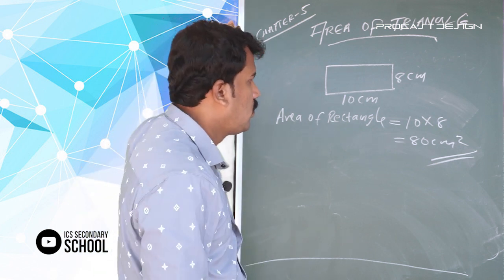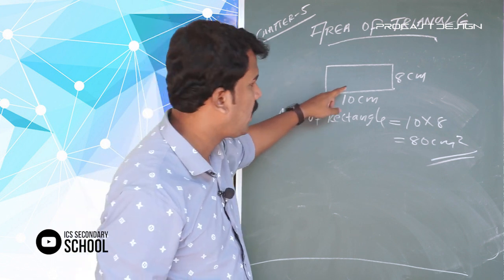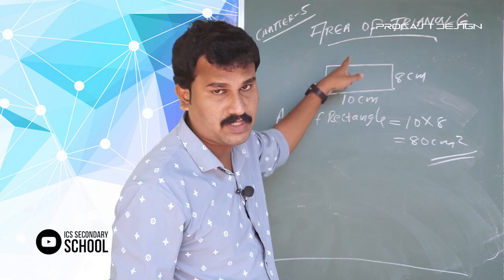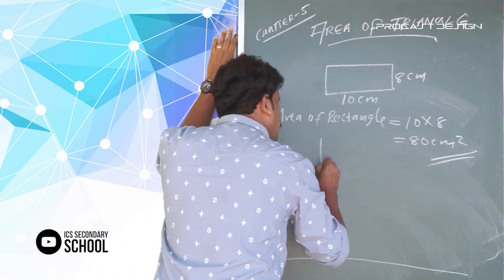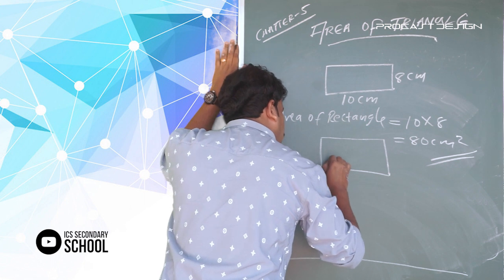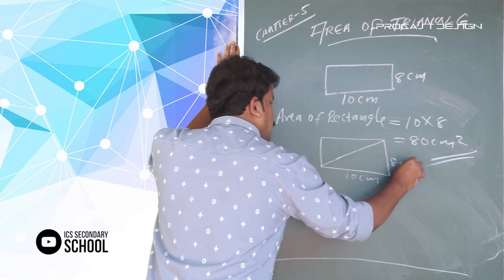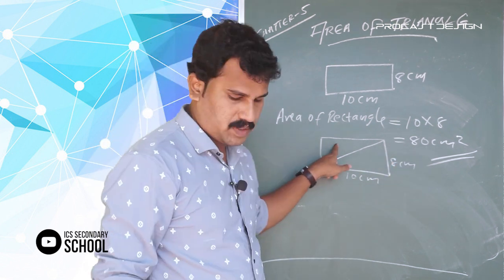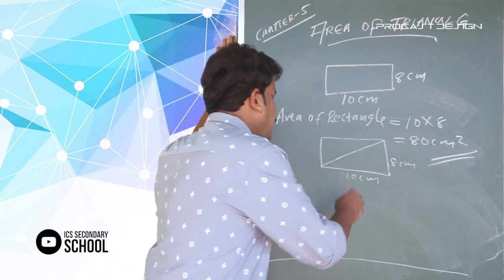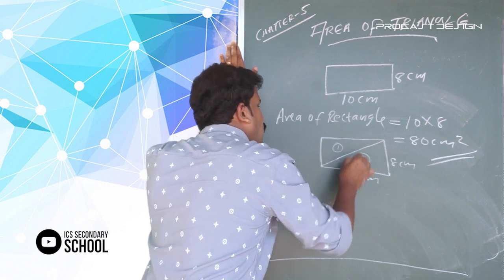Now we draw a line from corner to corner of this rectangle, with 10 centimeter and 8 centimeter sides. So this rectangle splits into two triangles, triangle 1 and triangle 2.